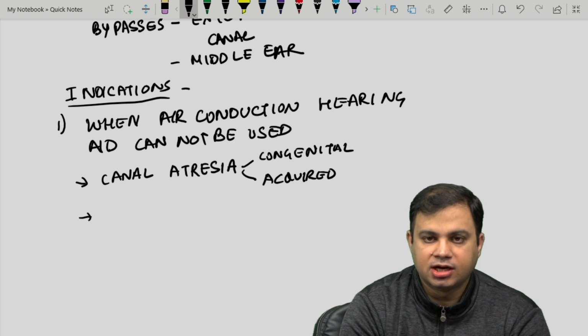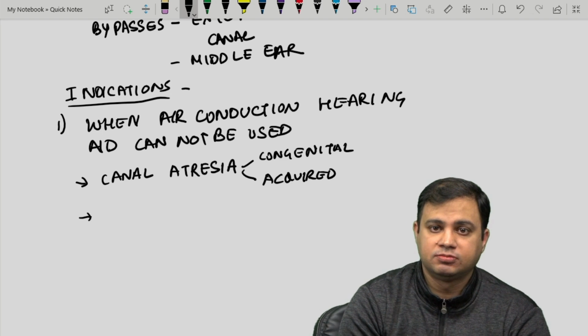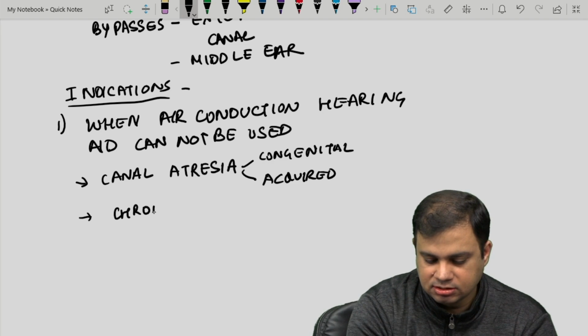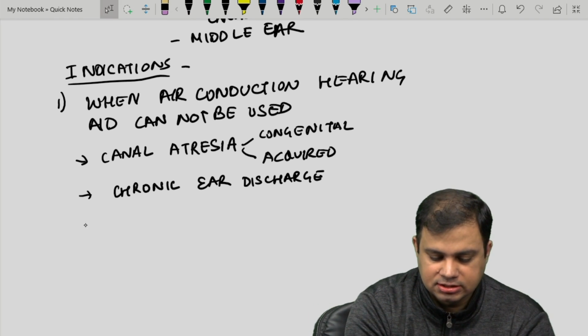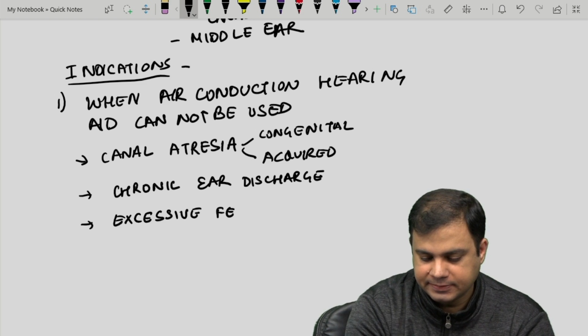Second, when we can't use the air conduction hearing aid is when a patient is having a CSOM and there is profuse discharge. So, when there is a chronic ear discharge. Third is when there is excessive feedback.